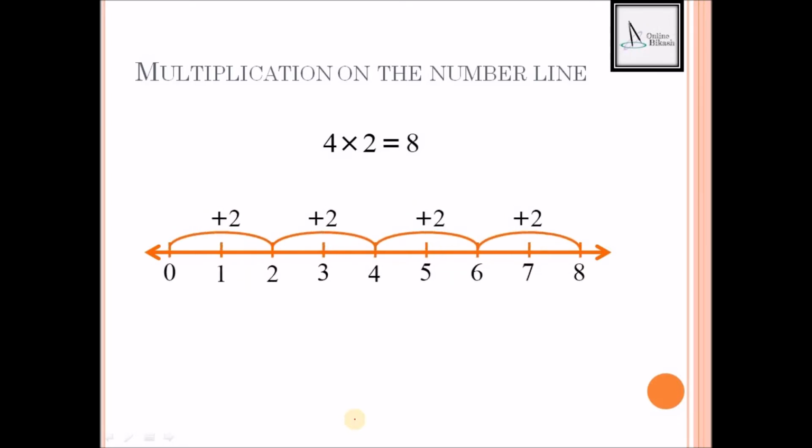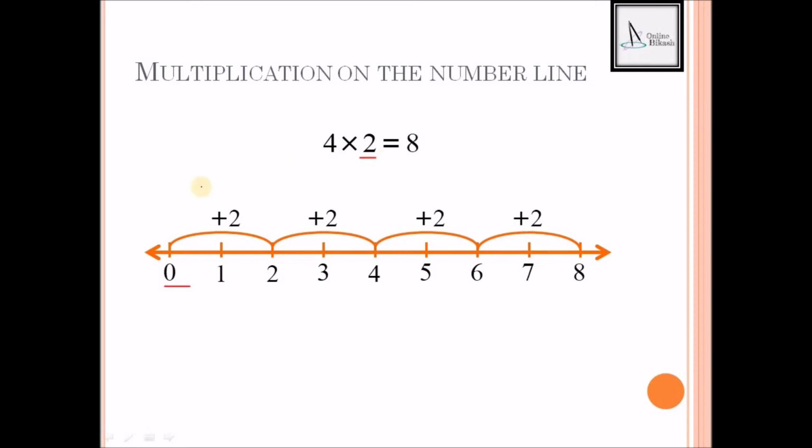We have seen this is 0. From this 0 we are writing 1, 2, 3, 4, 5, 6, 7, 8. Since we have to go 2, the length of our jump, we will say our step, the length of the step is 2, and we will take 4 steps.